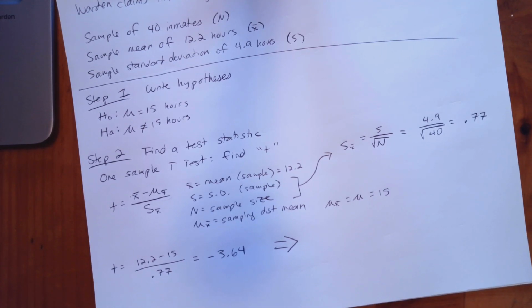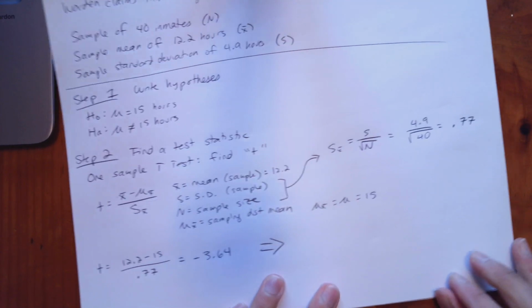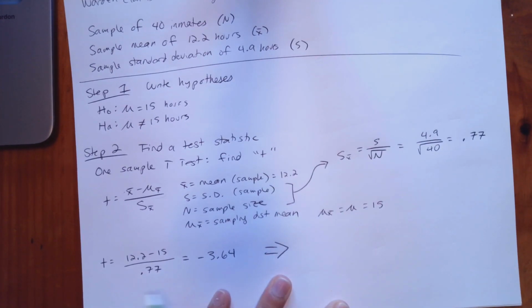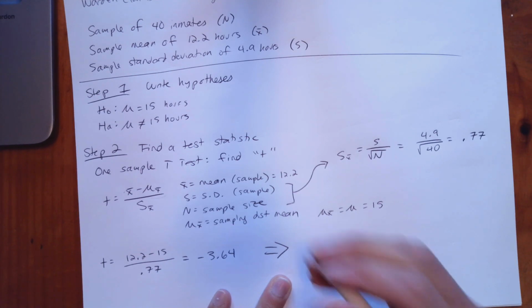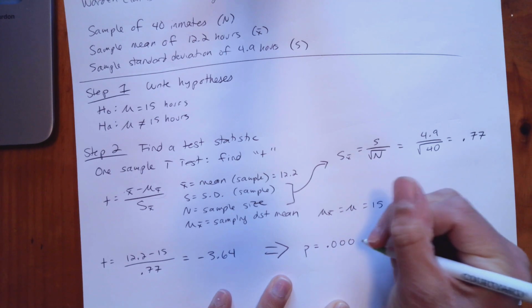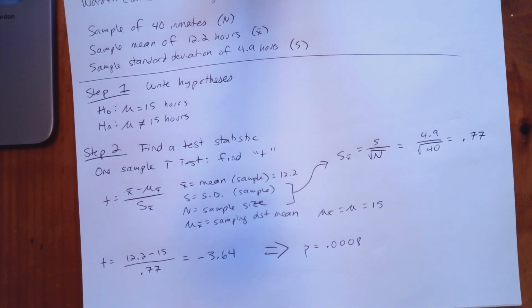As I said before, every test statistic has a p-value attached to it, but I'm not requiring you to calculate those p-values in this class. Instead, I will give you the p-value. And here, a test statistic of t equal to negative 3.64 gives you a p-value of 0.0008.